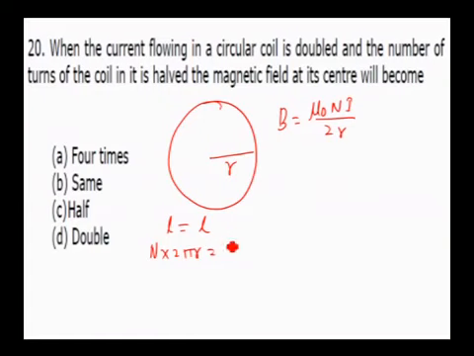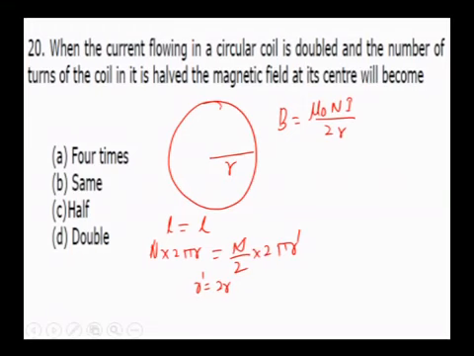Second case, L equals, as in the question it is given that number of turns becomes half, therefore, it is n by 2 into 2 pi r dash. Okay, so r dash equals, if you cancel this n, r dash becomes 2r.